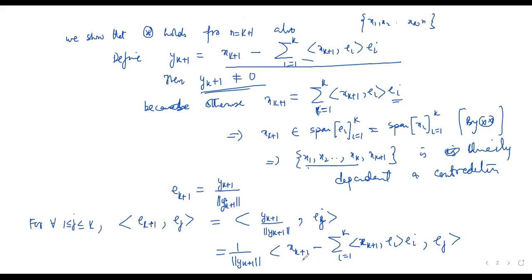Next page में, that is the inner product of ek+1 and ej is equal to 1 by the norm of yk+1, that's a scalar, into, bracket में लेता हूँ, इसको अगर हम break करें into two inner products, then this would be the inner product of this vector and this vector minus the inner product of this vector and this vector.